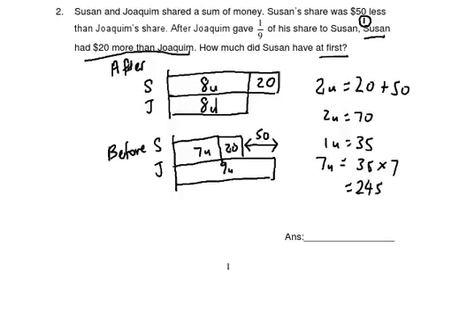Okay, so from 245, is that the final answer? No. Plus 20, because of this 20 here, right? So you have 265. So the final answer is 265.